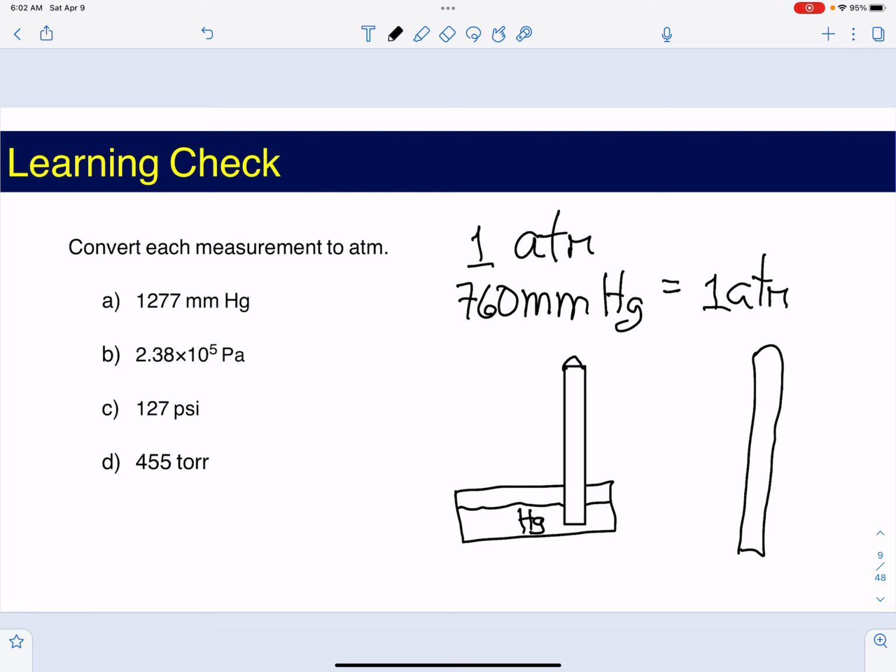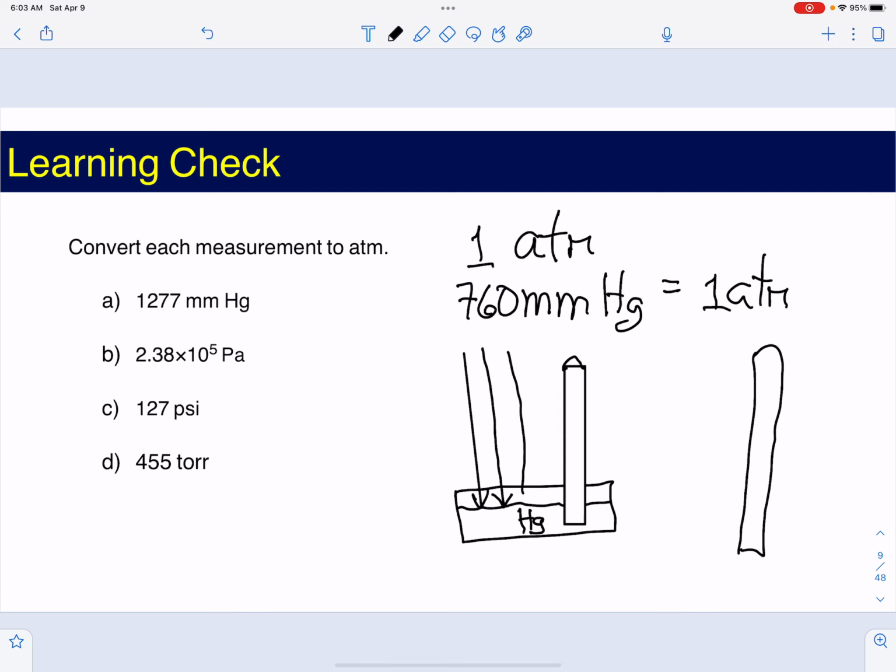And you are doing this on top of a bench in your kitchen or a classroom or something, which is exposed to air. So like I said before, that air coming all the way from the edge of the planet is pushing down into the mercury.